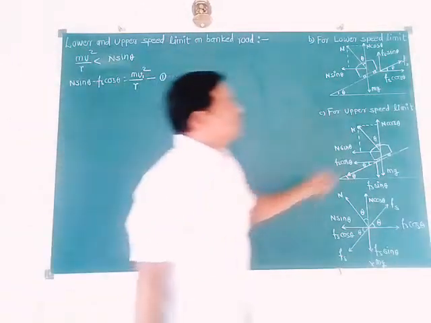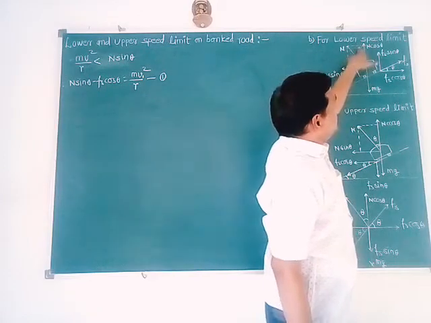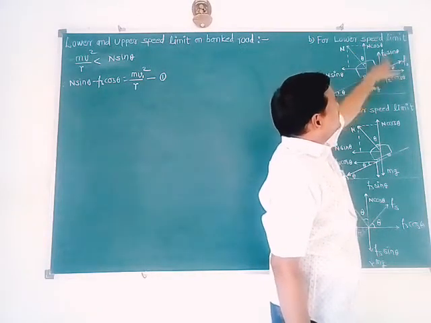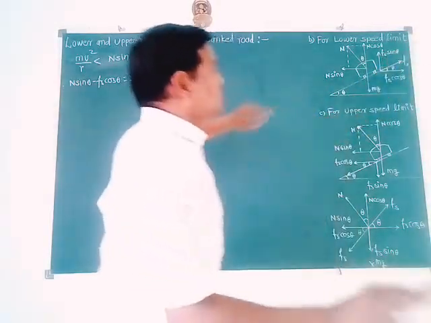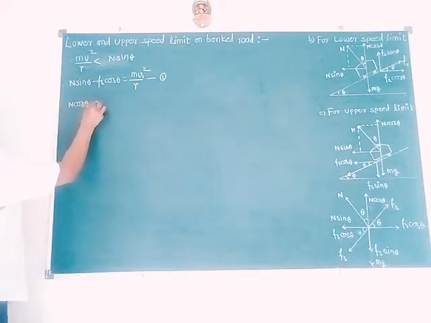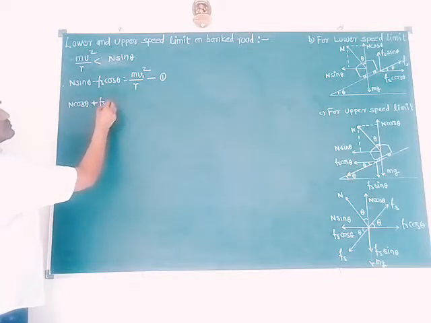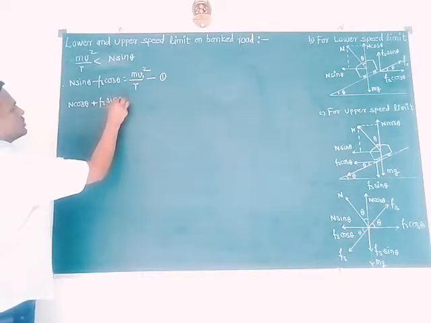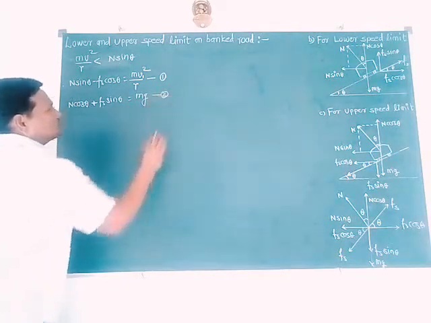And in the second part, this weight mg is balanced by not only n cos theta; in addition to n cos theta there is a component of frictional force F sin theta. So we can write here n cos of theta plus Fs into sin of theta is equal to mg. Call this equation number 2.